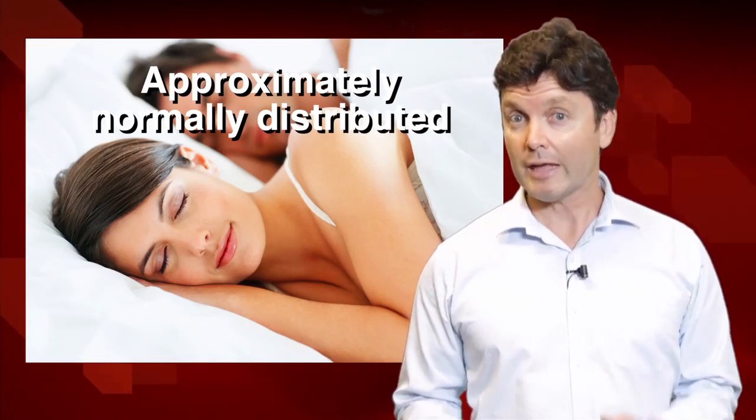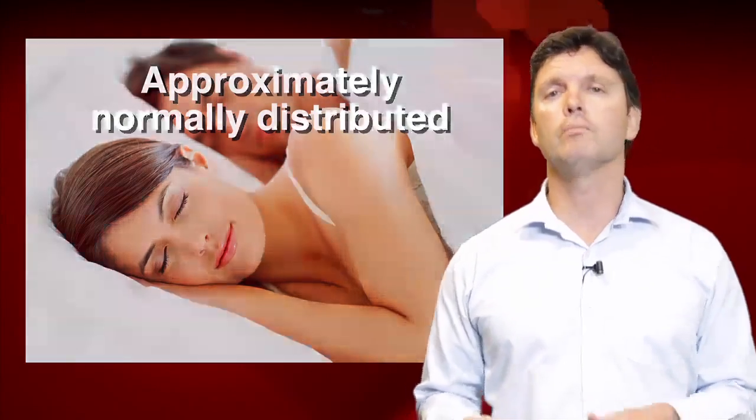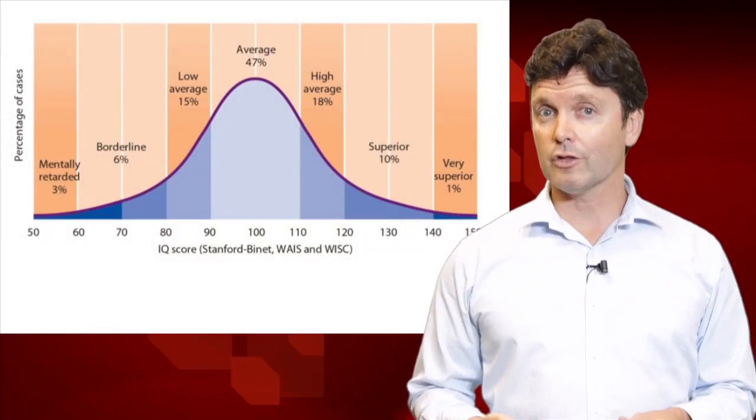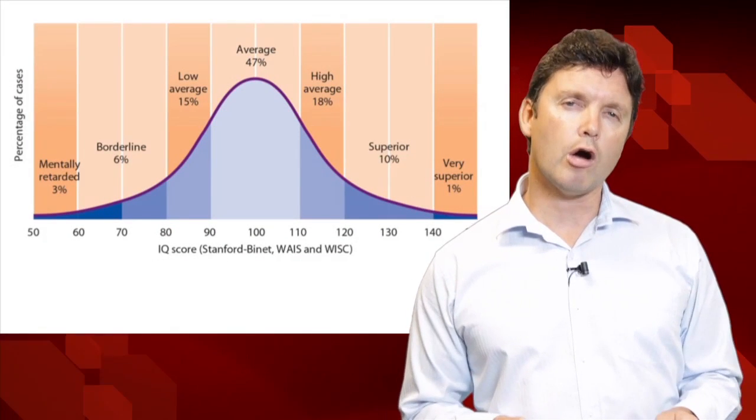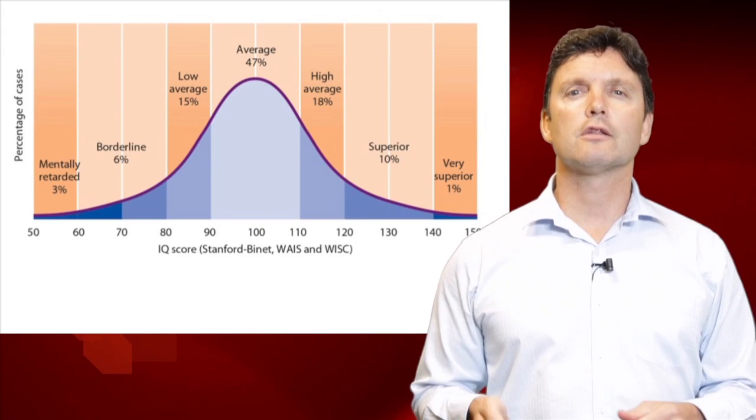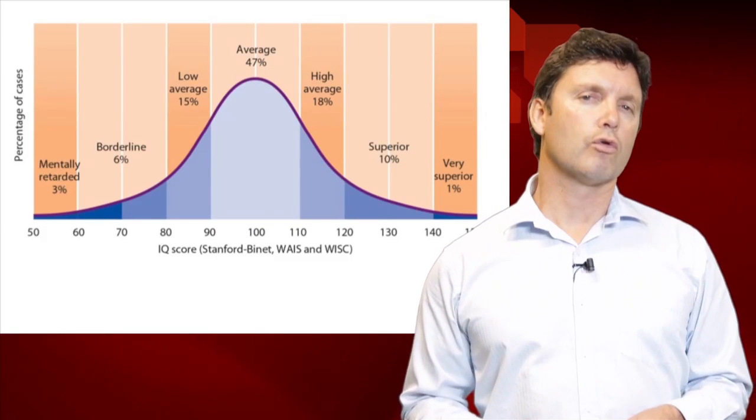In fact, many human characteristics such as height, IQ, personality, or examination scores of a large number of people follow the normal distribution. Let's look at IQ, since that's what we're interested in within this lecture. On intelligence tests, the centre of the distribution for each age group, from childhood to late adulthood, is assigned an IQ score of 100.